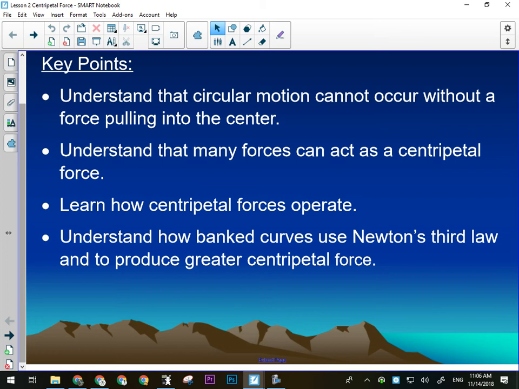The reason it's banked is that banking a corner helps in two ways. Banking a corner means the corner can be smaller. And secondly, it can guarantee a safe speed regardless of the road conditions. Based on the angle of bank, you can make it so that a car could traverse that corner at a specified speed and not slide out or in to the corner for that matter.